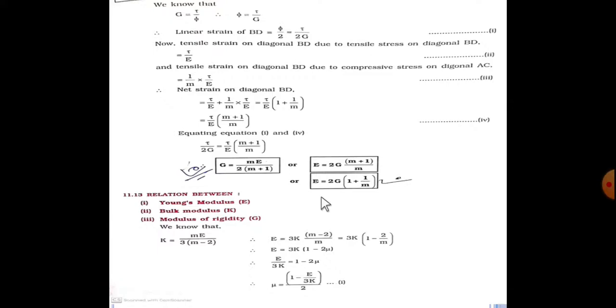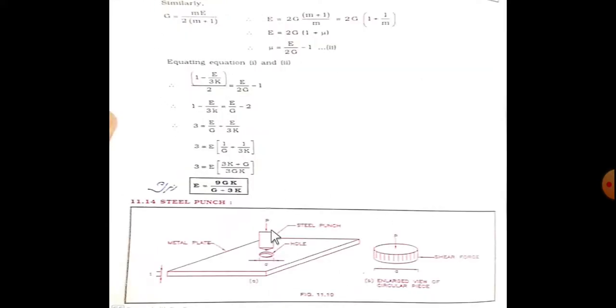Now, another relation, that is between Young's modulus, bulk modulus and modulus of rigidity. Then we can derive the equation E is equal to 9GK upon G plus 3K. We have to memorize this equation.